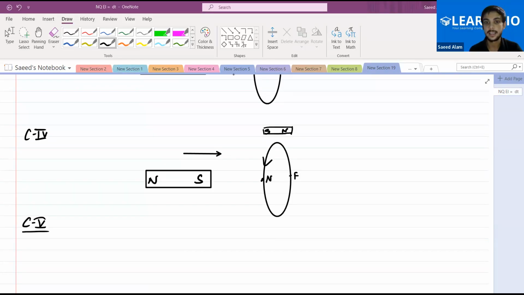I think we'll get disconnected for a second, and then we'll get joined back again.